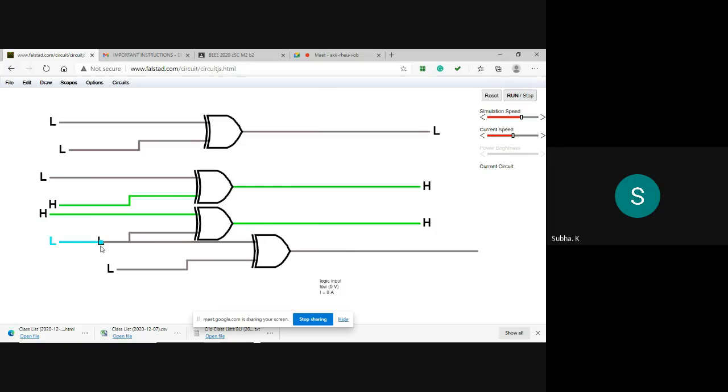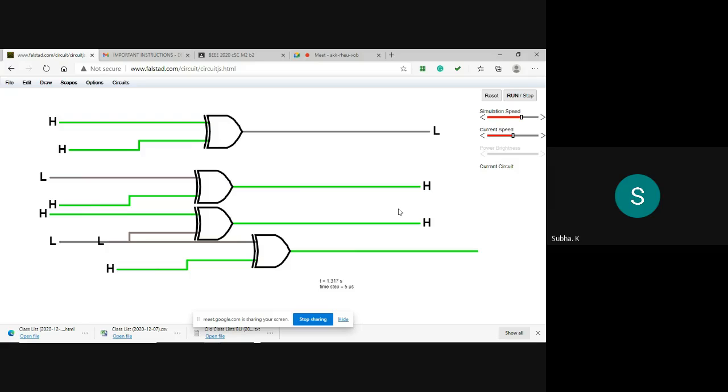Change the input. Okay, so you can change it and you can check. Otherwise, here itself I will change high. So you can see for yourself. The truth table is 0110. Okay. So XOR is thus verified.